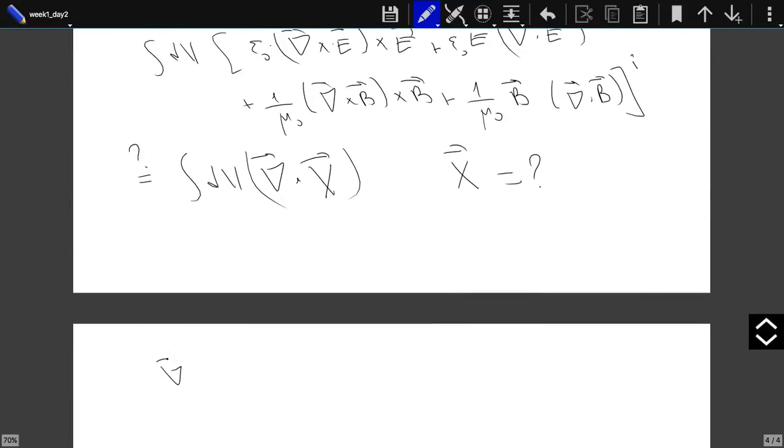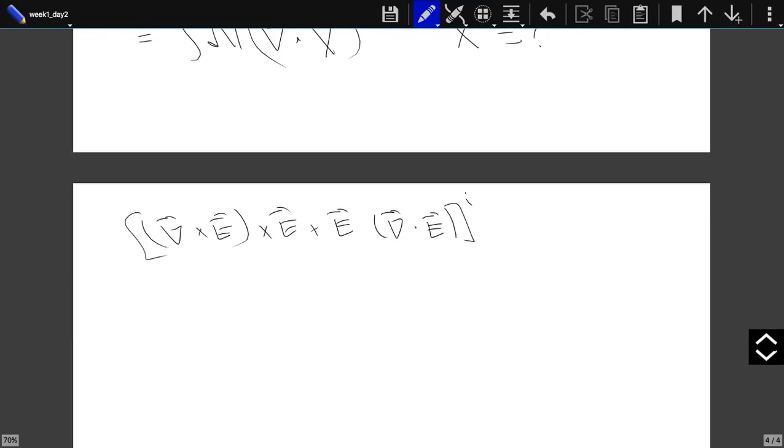So let's look at curl of E cross E plus E times the divergence of E. And I would like to write down the I component of this. Well, the I component, let's just open up the cross products.